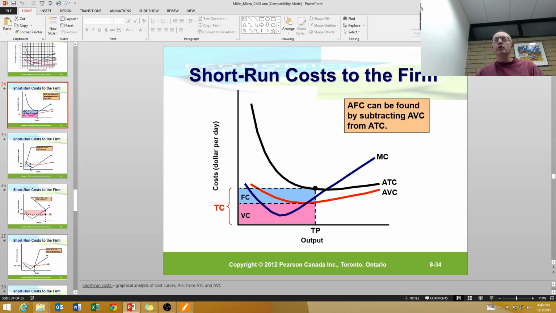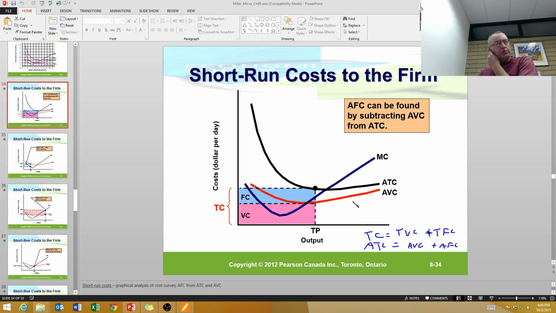Okay, so our total costs equals total variable costs plus total fixed costs. And so likewise, when we calculate the average costs, the average total cost per unit equals the average variable cost plus the average fixed cost per unit.